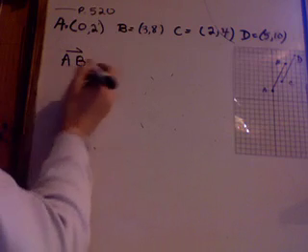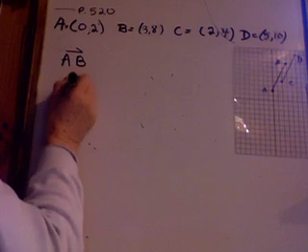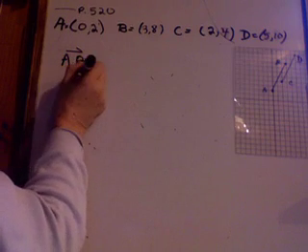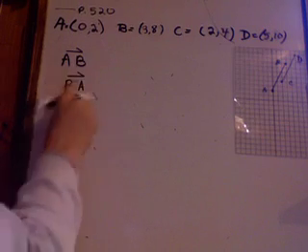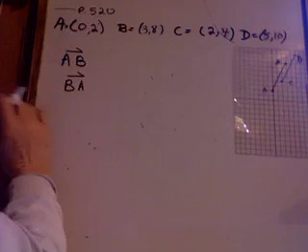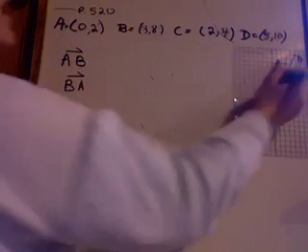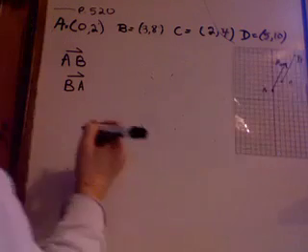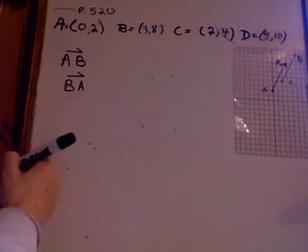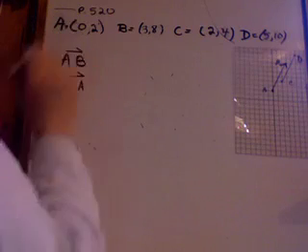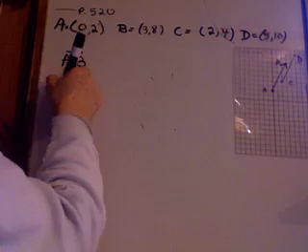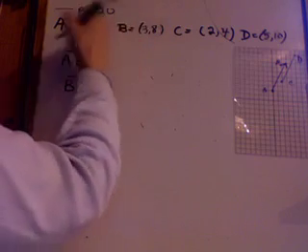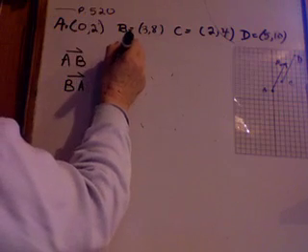Now, I could also talk about the segment BA, and that would be the line that goes from B to A. Whichever one of these I'm talking about is important, and I have to identify that on the diagram. So I'm going to put the arrow on the B because I want to talk about directed line segment AB.